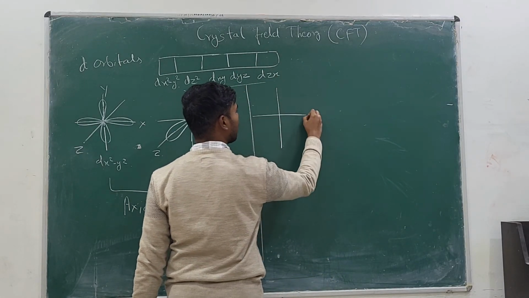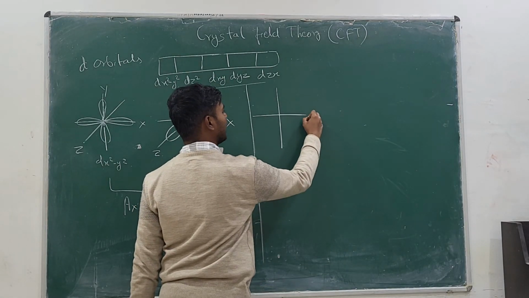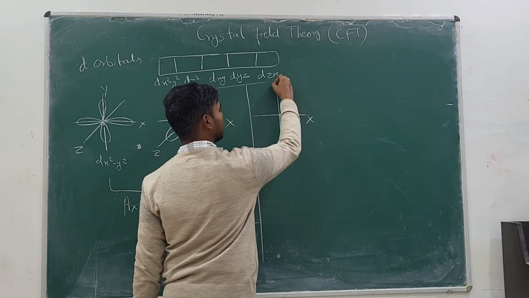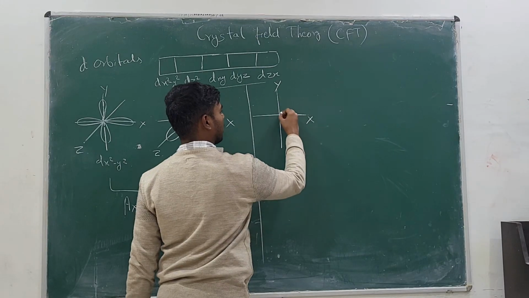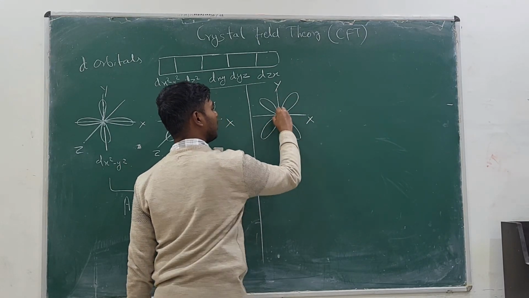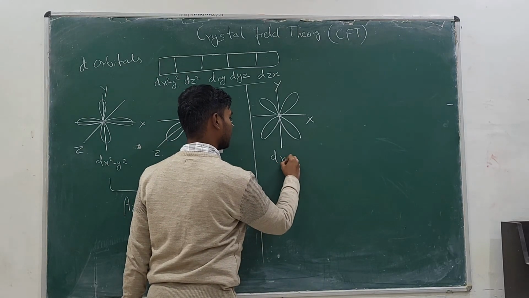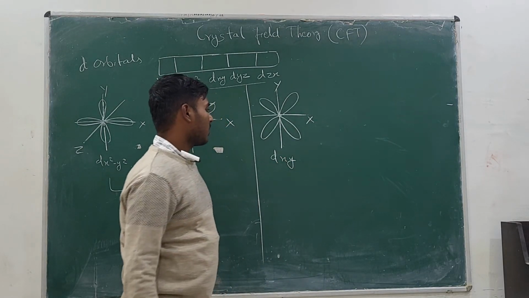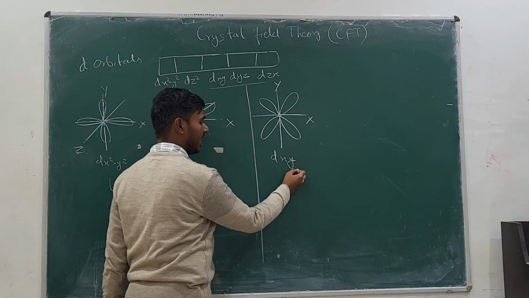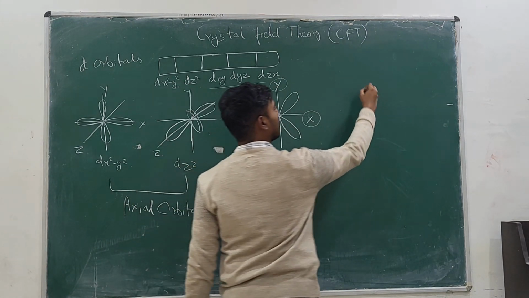So non-axial orbitals, as the name suggests, are arranged in between the axes. So can you guess this orbital? Yes, this is the dxy orbital. As the name suggests, xy, it is between the x-axis and y-axis.